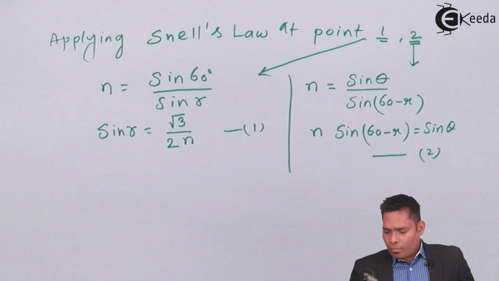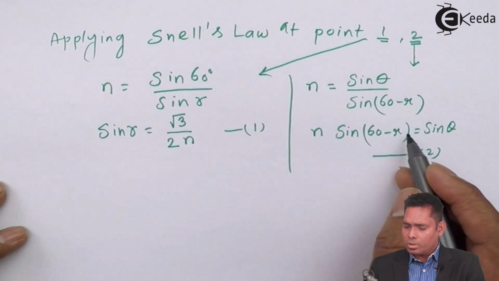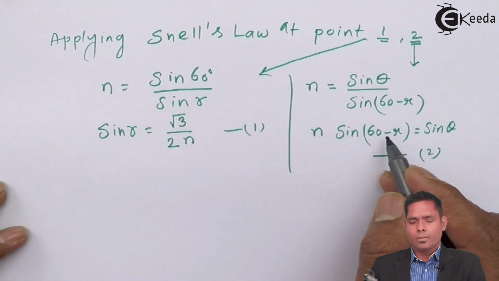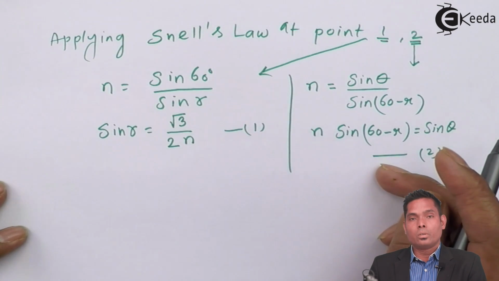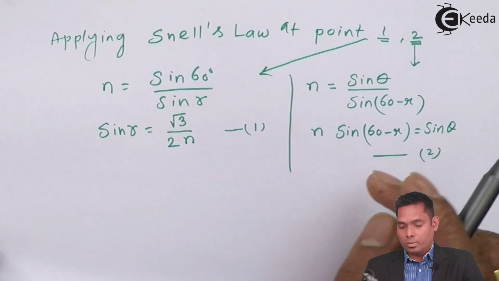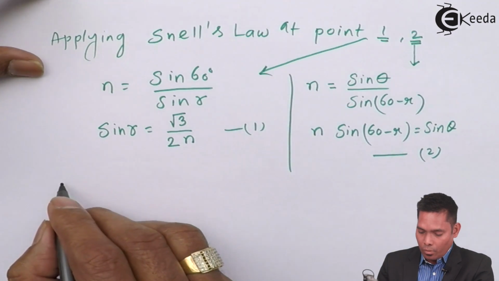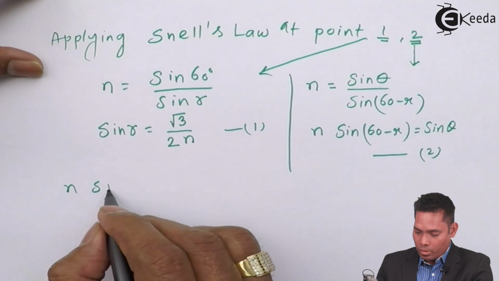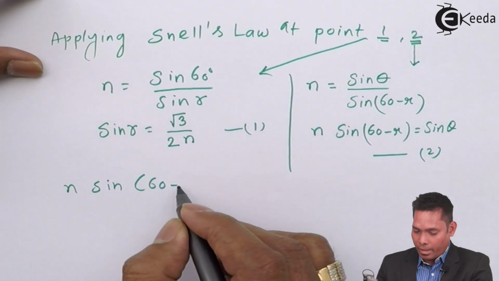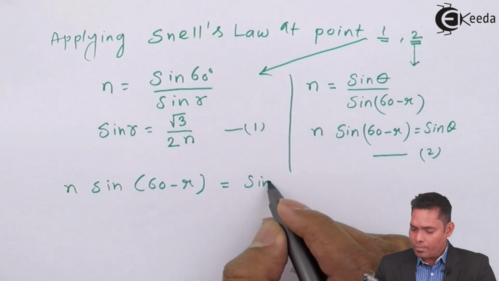Now I will solve this by opening sine a minus b. Sine a minus b is sine a cos b minus cos a sine b. I'll use equation 2: n into sine of 60 minus r is sine theta.